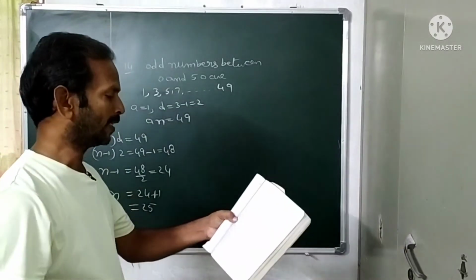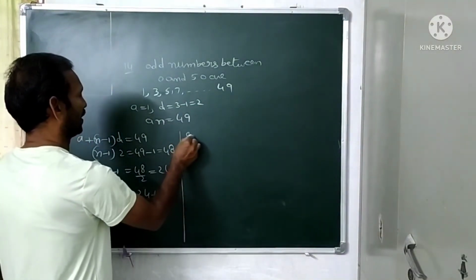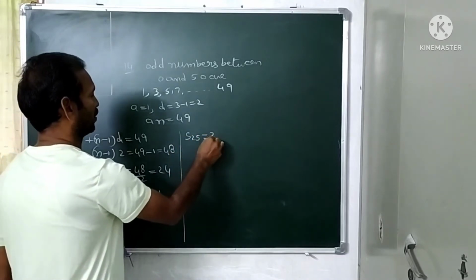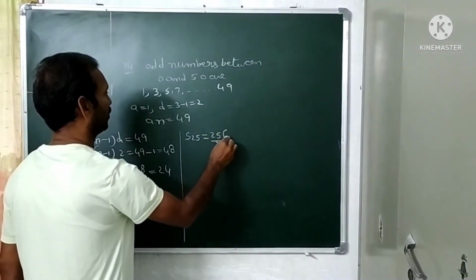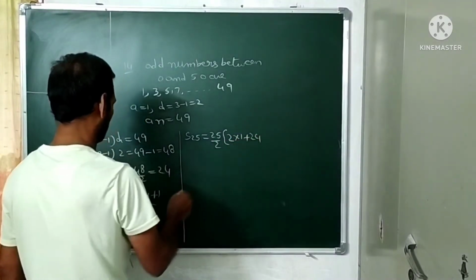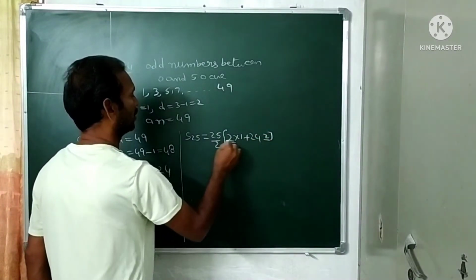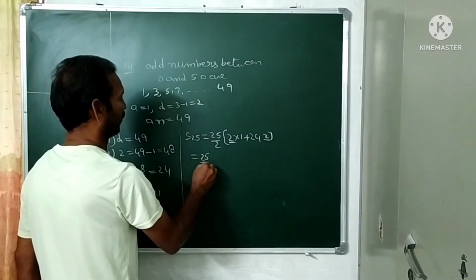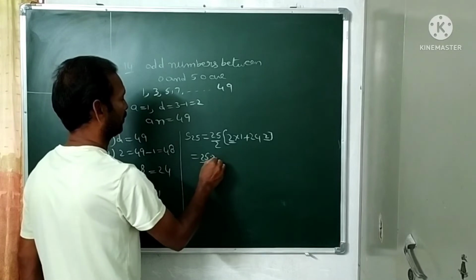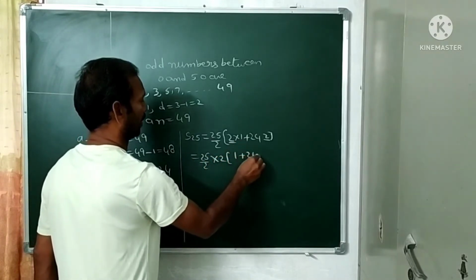What do they ask you to find? The sum. So they ask to calculate S25 equals 25 by 2 into 2A plus n minus 1, 24, into D value 2. Take these two common: 25 by 2 times 2, so 1 plus 24.